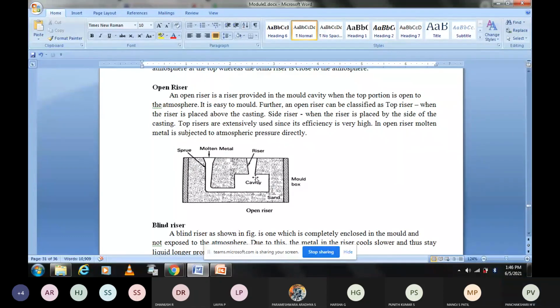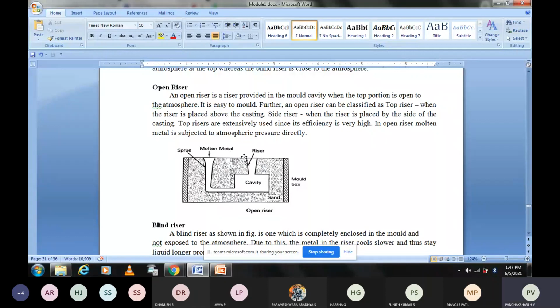This is the cavity, and this is the riser. So open riser means the riser is open to atmosphere. This portion of the riser is open to atmosphere. An open riser is a riser provided in the mold cavity when the top portion is open to atmosphere, so that we can see these things.